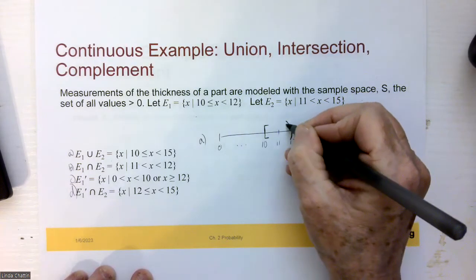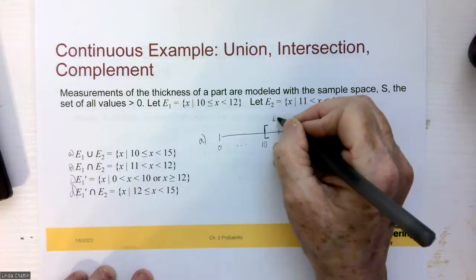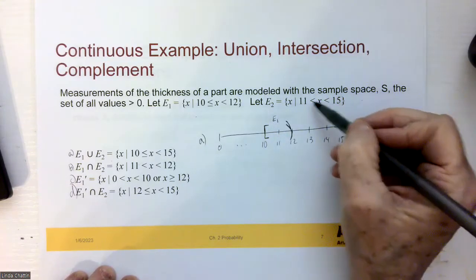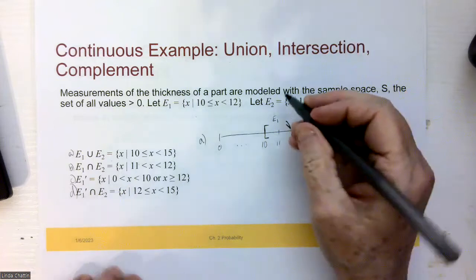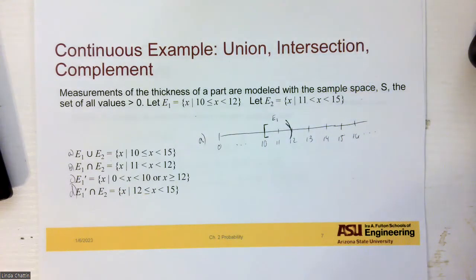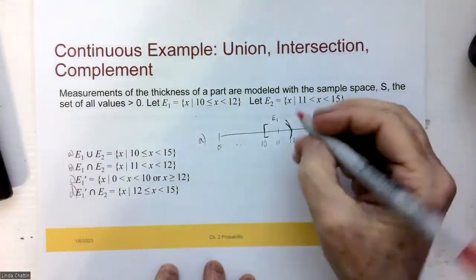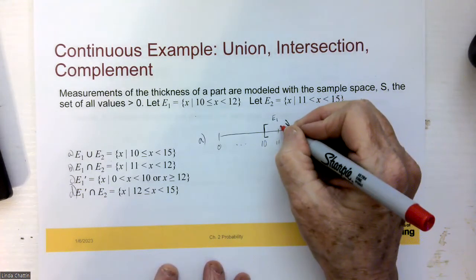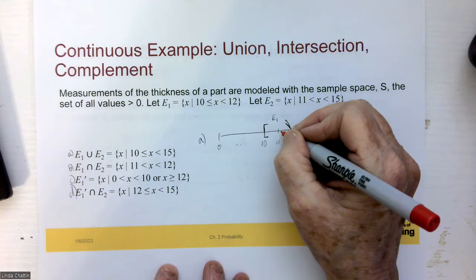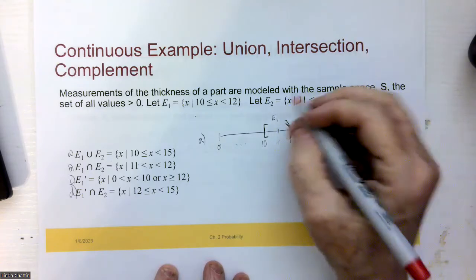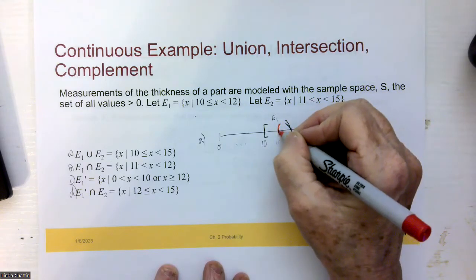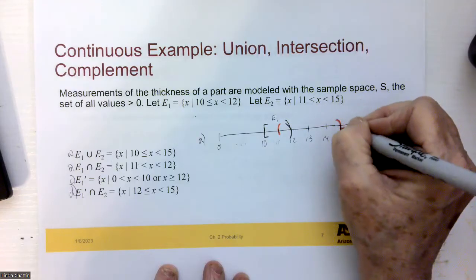So that's E1. And then E2 is 11 to 15, which I'll draw with a different color pen here. 11 to 15.